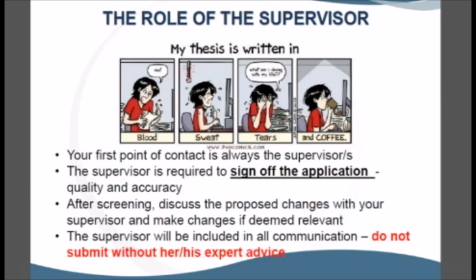What is the role of your supervisor? First, they are the ones that would guide you and provide you with information, and assist you to complete the form, but they are there to guide you and to provide you with answers where you have challenges. We as supervisors also screen your application before you finally submit it.